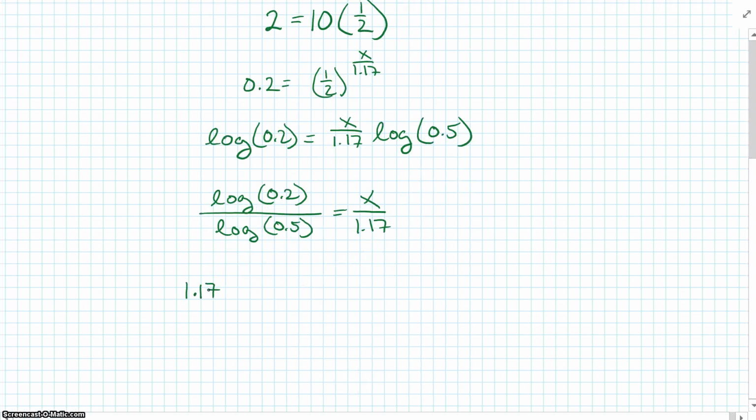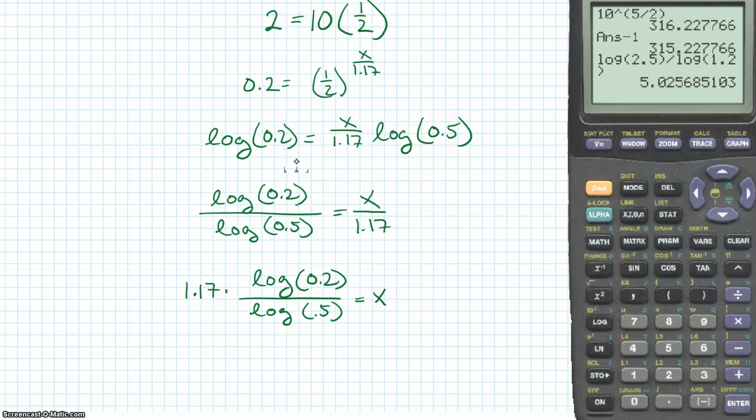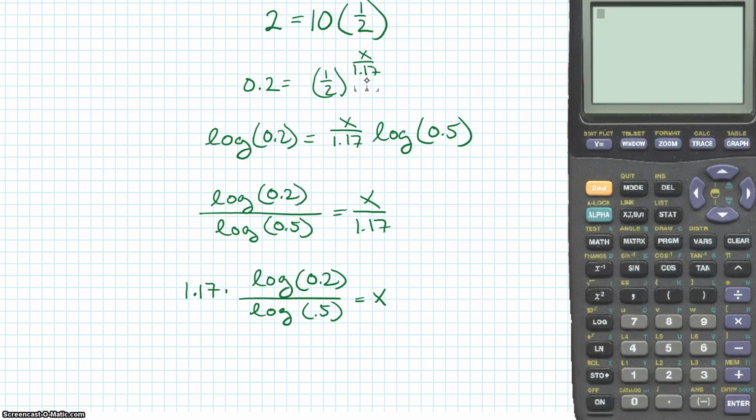So 1.17 times the log of 0.2 over the log of 0.5 equals x. Now that's calculator work we can easily do. So that's 1.17 times the log of 0.2 divided by the log of 0.5.